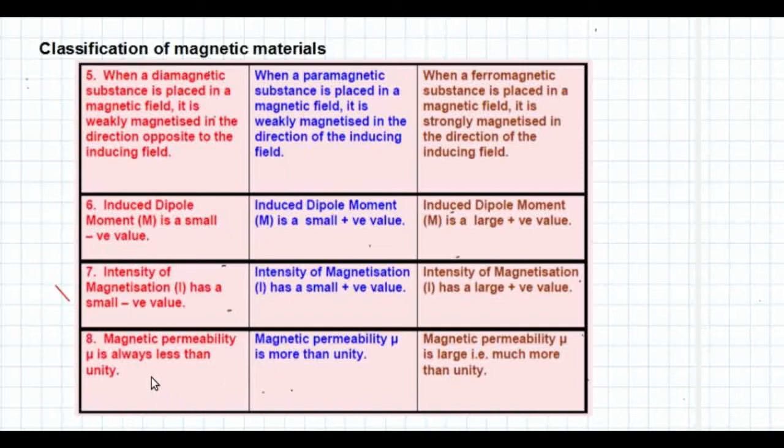Then the value of magnetic permeability mu. For a diamagnetic material, it is less than 1. For a paramagnetic material, it is slightly greater than 1. But for a ferromagnetic material, it is much greater than 1.